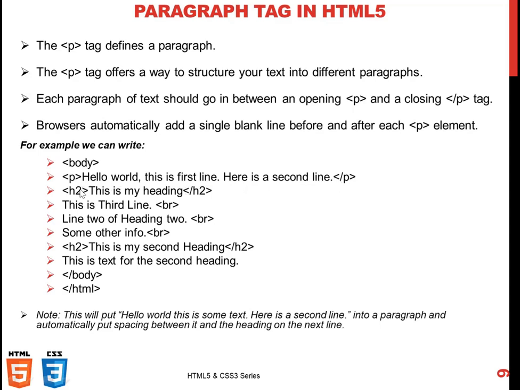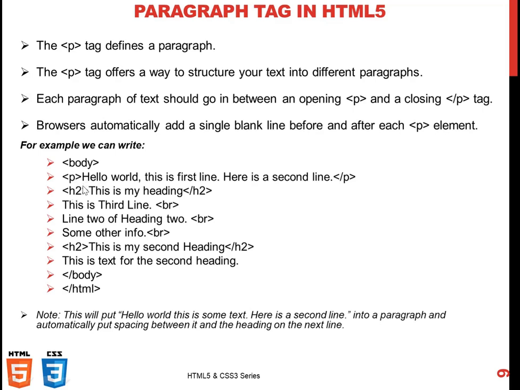Then we have a heading 2, this is my heading 2. What we expect is that there should be a blank line before hello world, and a blank line after this text ends. So there should be a blank line between the h2 and this paragraph.